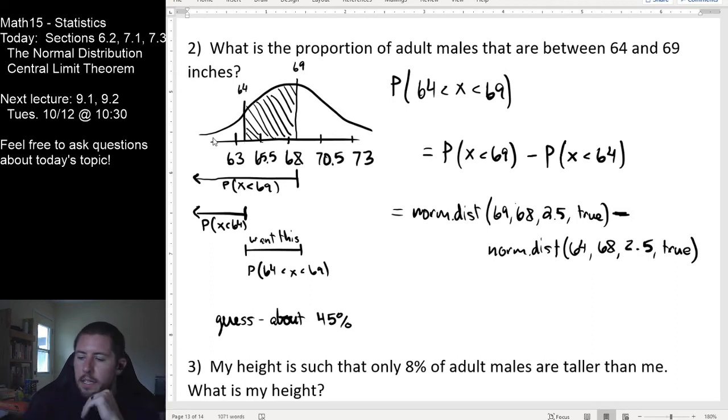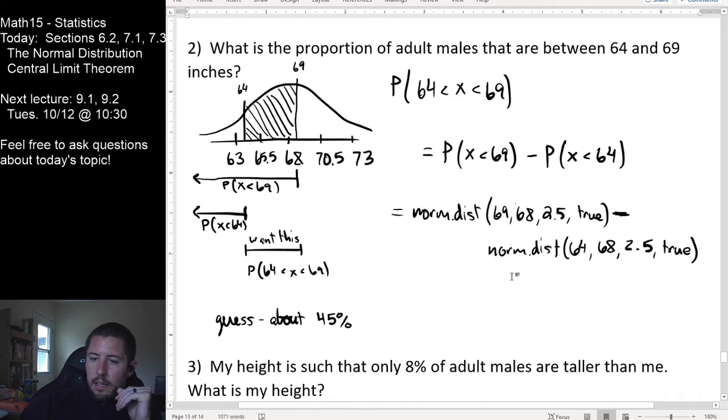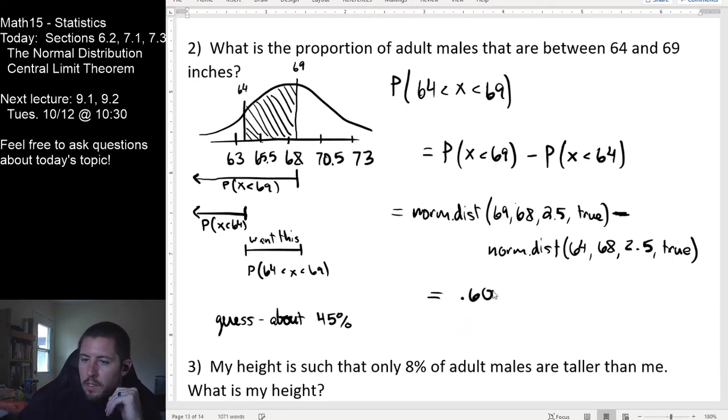There's a lot less height out there. Maybe my guessing skills are a little bit off, but we are finding our answer to be 0.6006, leading me to say 60.06% of all adult males will be between 64 and 69 inches.